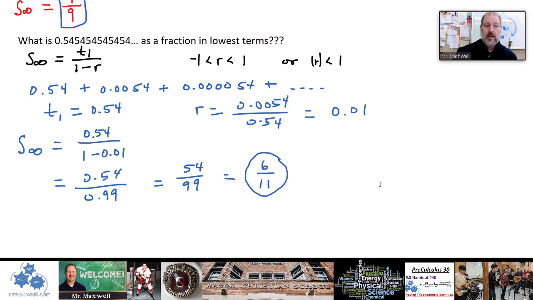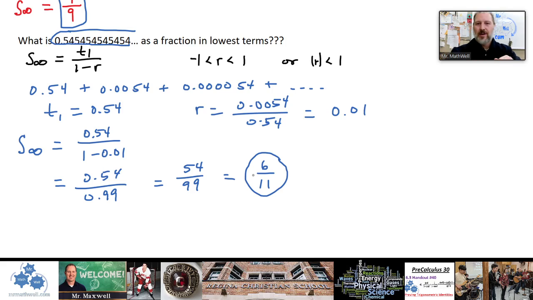All right, easy. 0.54 divided by 1 minus 0.01 gives us 0.54 divided by 0.99. And so if we multiply top and bottom by 100 and divide top and bottom by 9, then we get a simplified fraction of 6 over 11. So this repeated decimal is equal to 6 over 11.